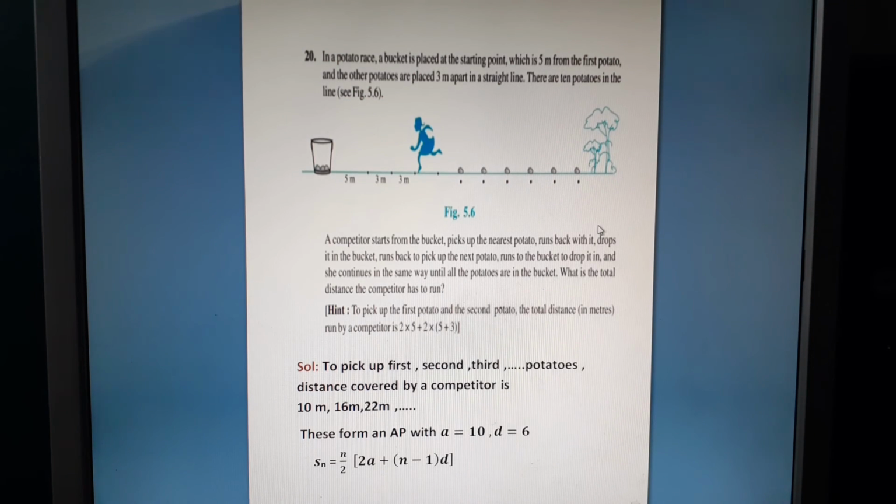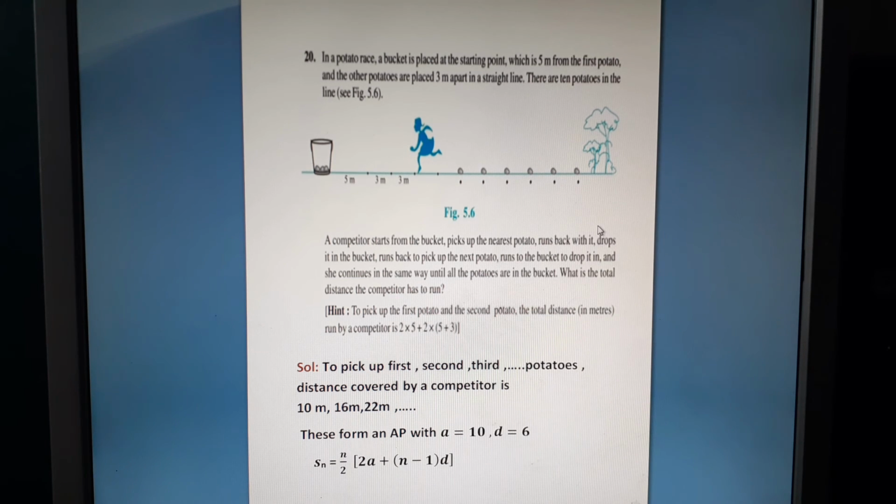Question number 20. In a potato race, a bucket is placed at the starting point, which is 5 meters from the first potato, and the other potatoes are placed 3 meters apart in a straight line. There are 10 potatoes in the line. See the figure.